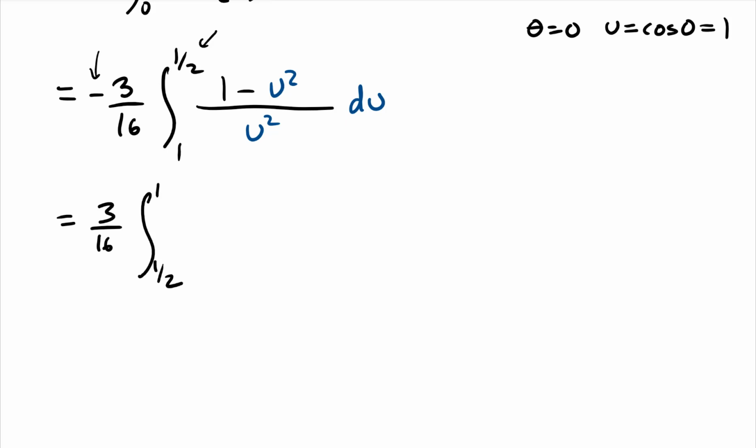Now let's break up the numerator and get 1 over u squared minus u squared over u squared, that's just 1, du. Let's change this to u to the negative second power. Can you see we're almost done? We are almost done.